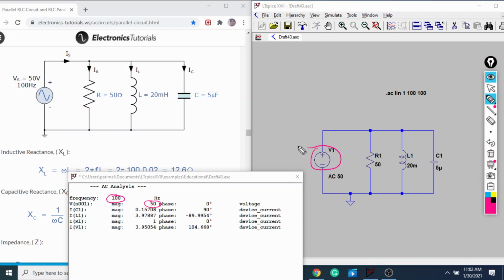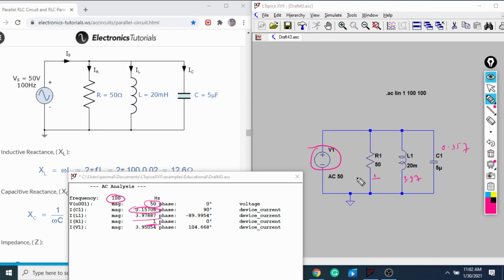And what is the current across capacitance? It is around 0.157. This is the current value we got. What is the current across inductor? 3.97. And the current across resistance is 1 ampere.